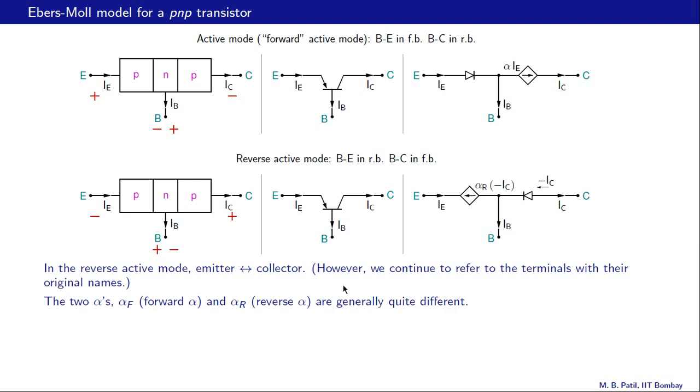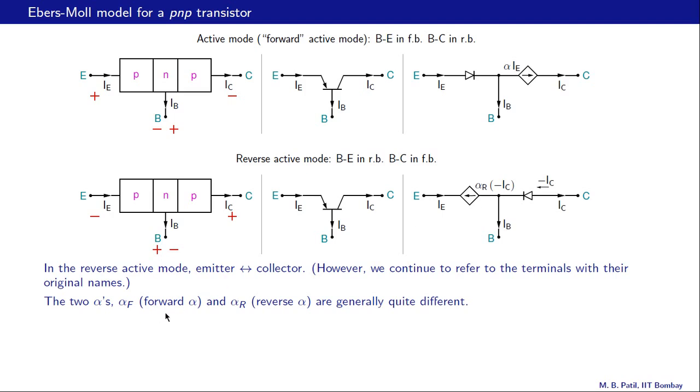So there is an alpha associated with this active mode, or more appropriately the forward active mode, and there's also an alpha associated with the reverse active mode. This alpha is called alpha F, or very often simply alpha, and this is called alpha R.